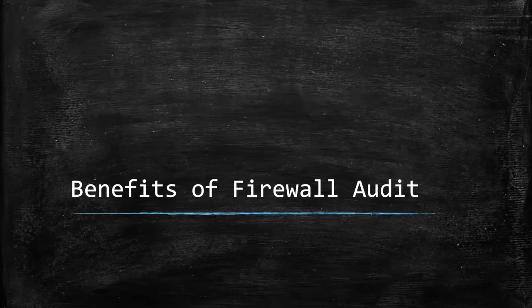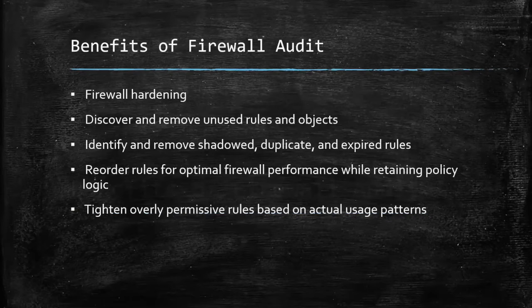Now, what are the benefits of doing a firewall audit? The first one, majorly, is doing a firewall hardening. It does an end-to-end firewall hardening review. Second, we are able to review rules and objects. Thirdly, we are also able to identify and remove shadow rules, duplicate rules, and expired rules, which we will be covering in the upcoming steps.